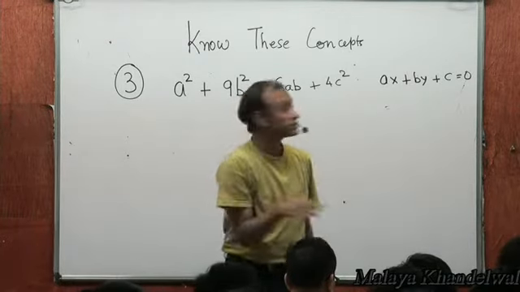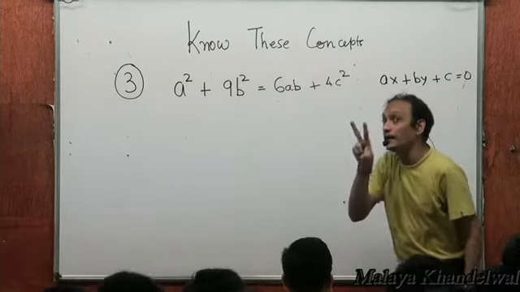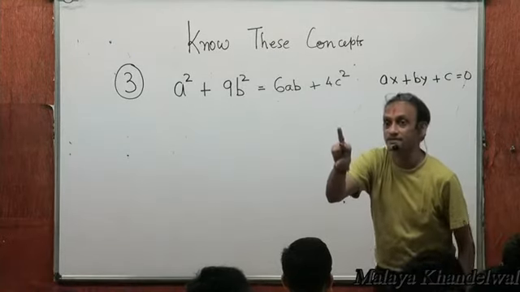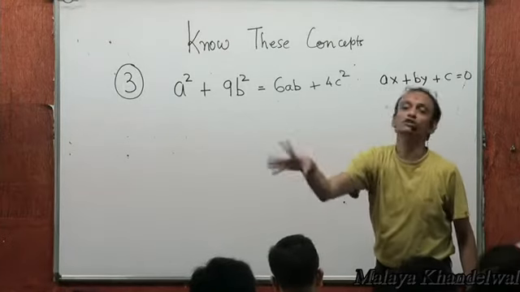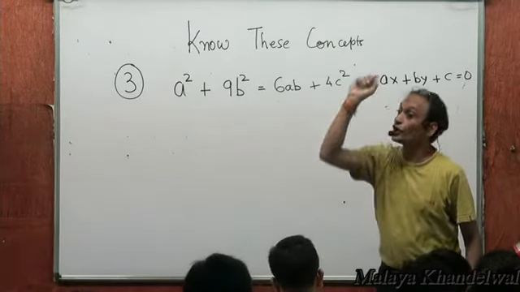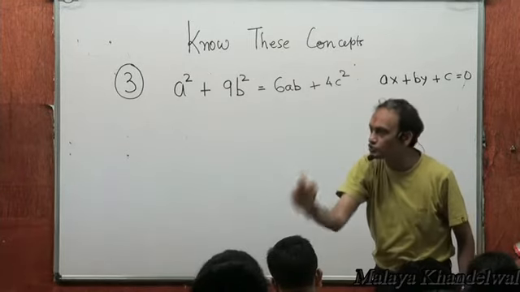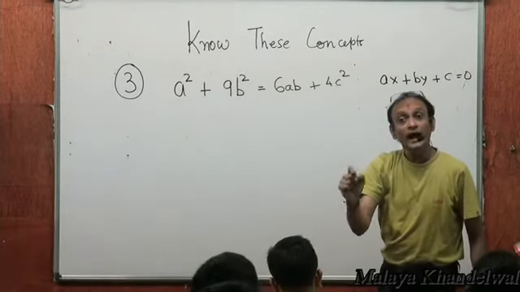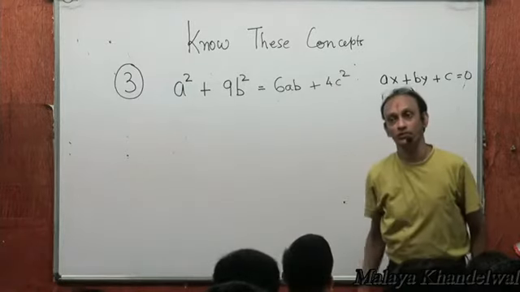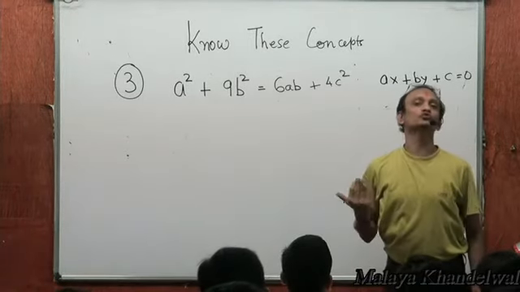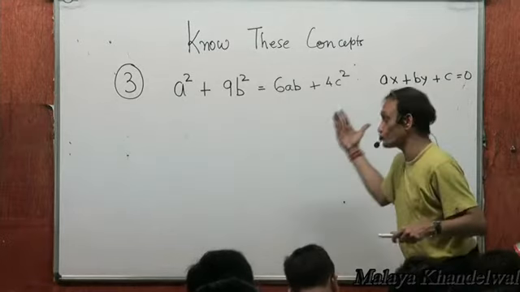Many lines are produced out of this. Now I'll be able to show that there are 2 fixed points, and all these lines will pass through one or the other of those 2 fixed points. The question is, what are those 2 fixed points?